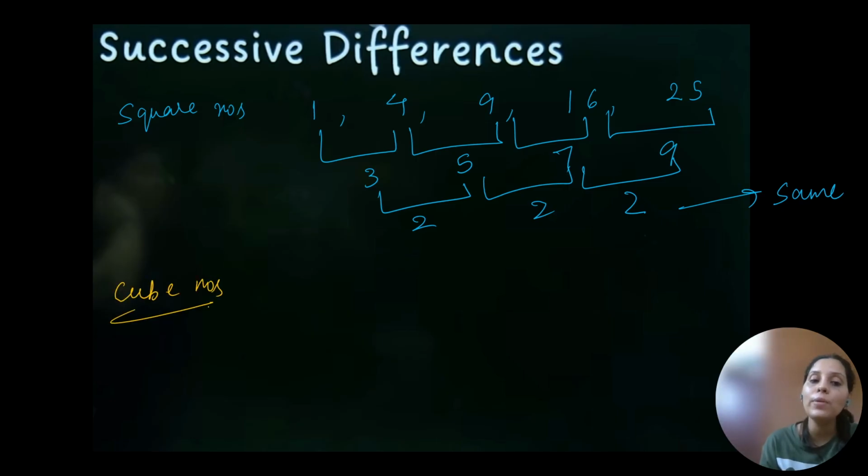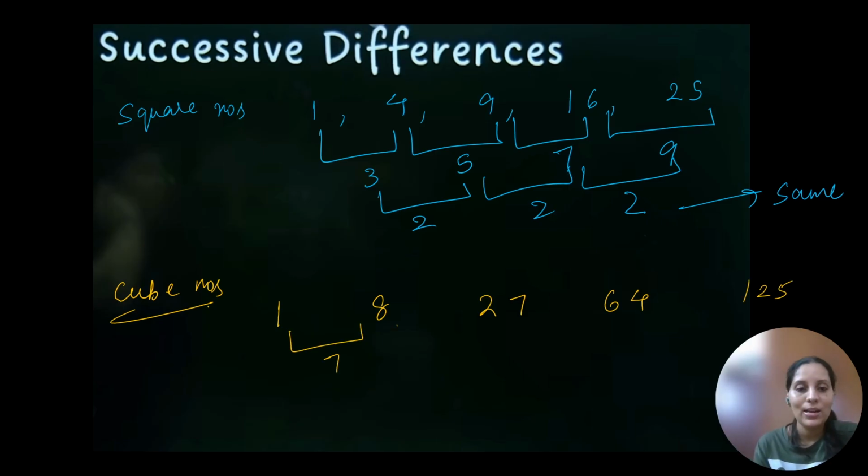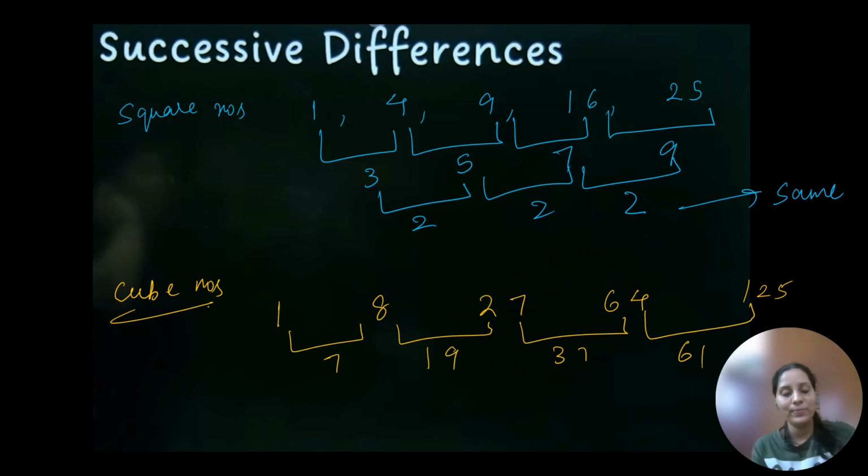Same with the cube numbers. What are the cube numbers? 1, 8, 27, 64, and let's take one more, 125. The differences are 7, 19, 37, and 61.